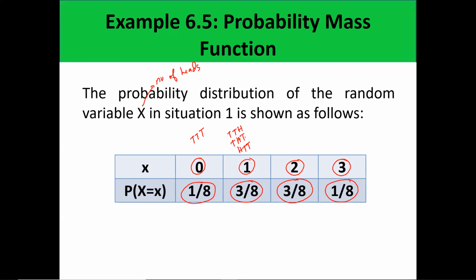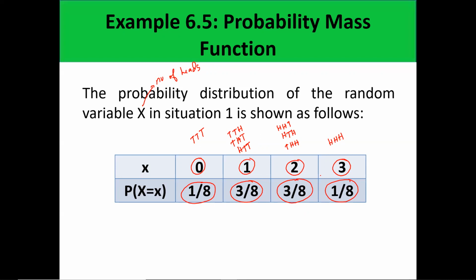So the probability is 3 out of 8. For x equals 2, the outcomes are head, head, tail, head, tail, head, and tail, head, head. So the probability is 3/8. While for x equals 3, the only outcome is head, head, head, and the probability is 1/8.